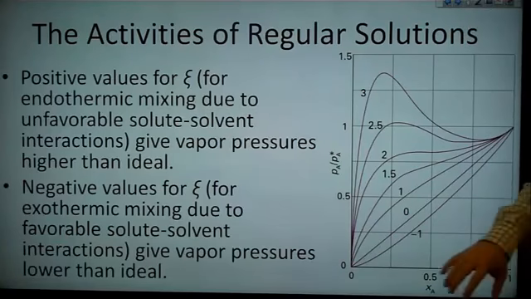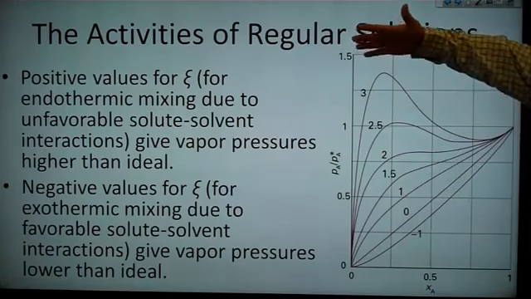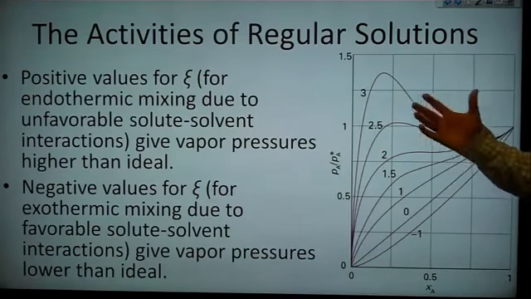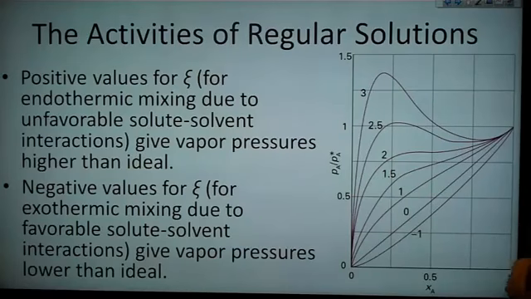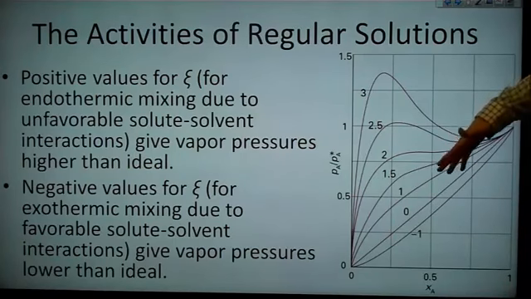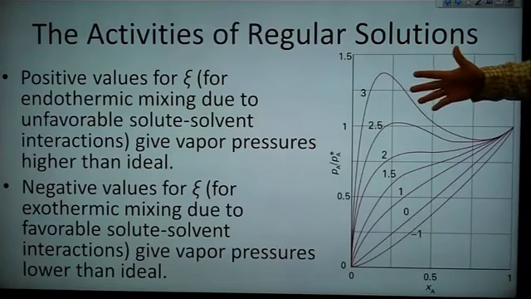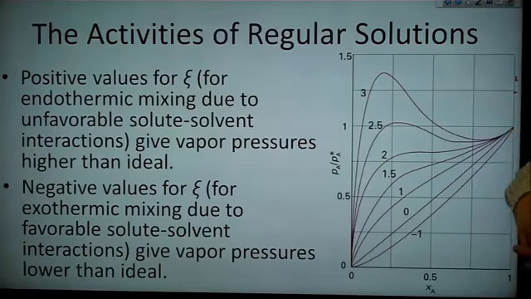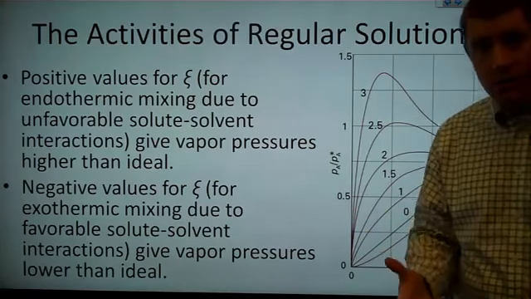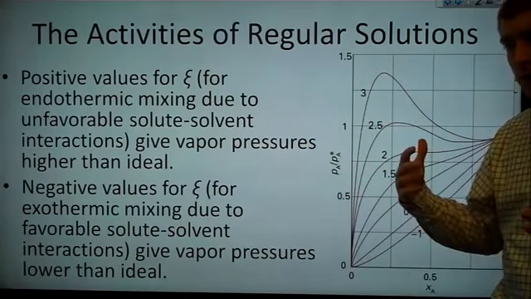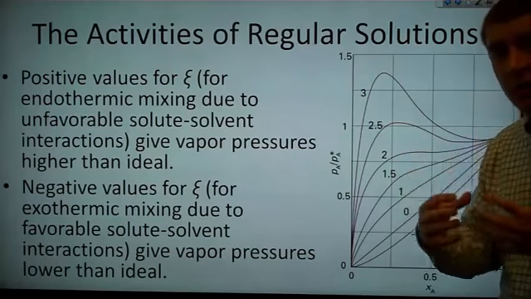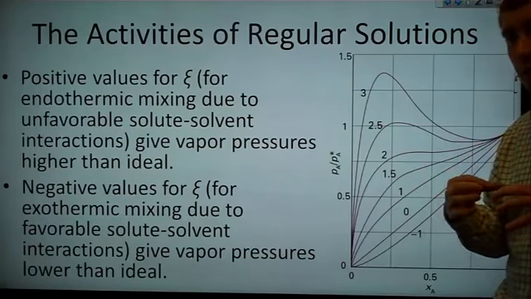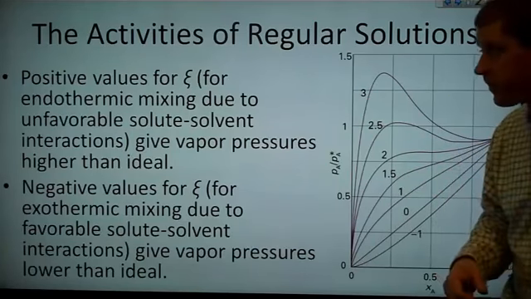But for positive values of xi, up here, this is endothermic mixing due to unfavorable solute-solvent interactions. These give vapor pressures that are higher than ideal, because it's easier to separate the solute and the solvent, since we've already put in some of that energy of separating the molecules by adding the solute.